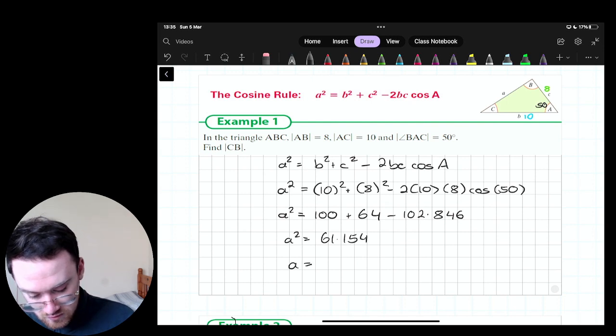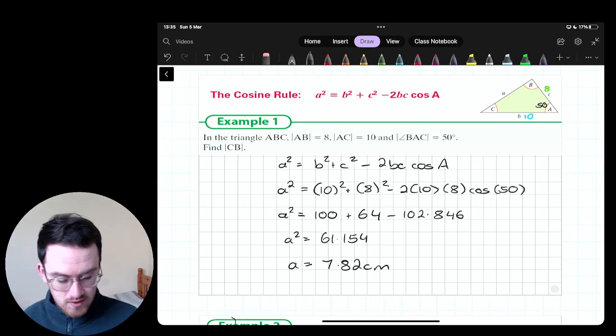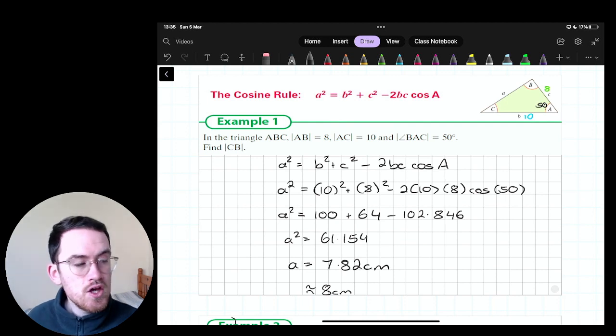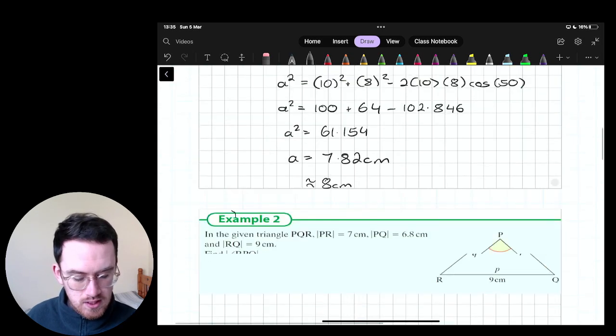So I get an answer for A of 7.82 centimeters. Okay, and we could round that up to around about 8 centimeters. So you can see there, same as with your sine rule, we sub everything into the correct part, and once we've done that, then it's just a matter of computing the answers.